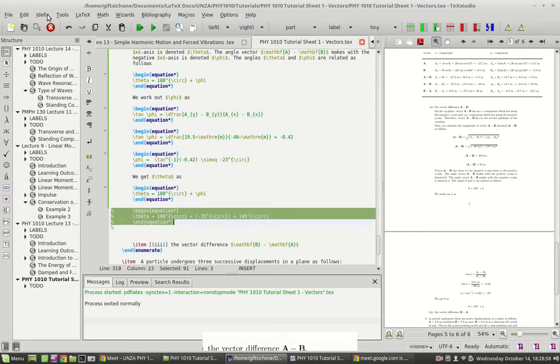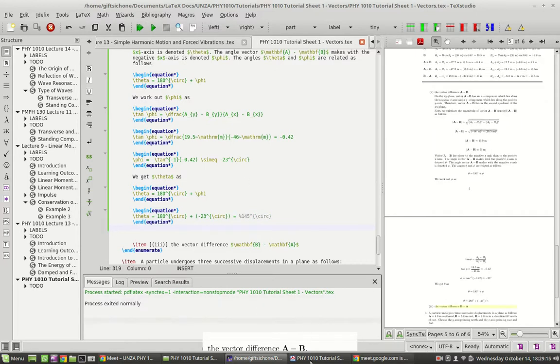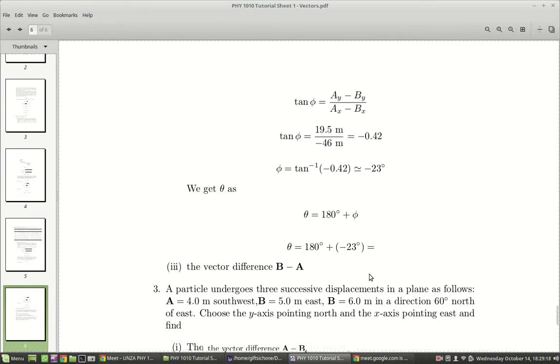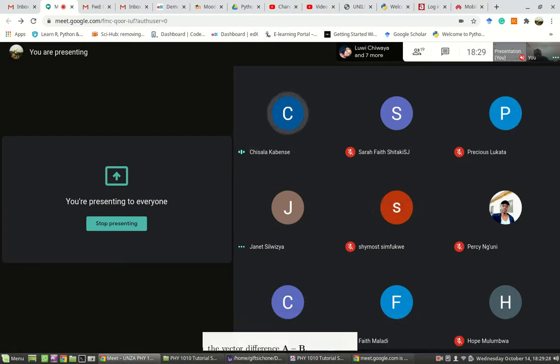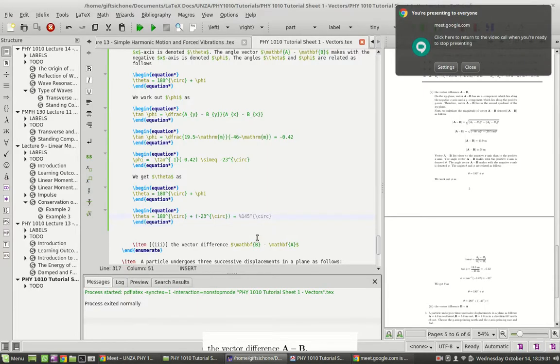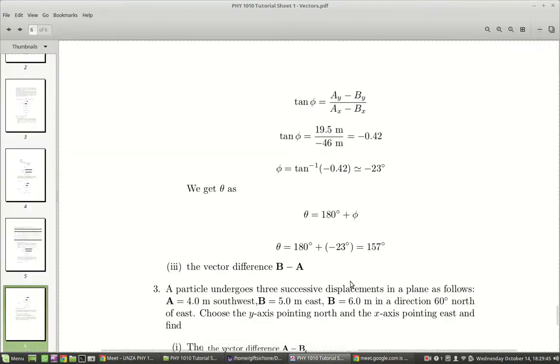So in that case, how much do we get? 180 plus negative 23 degrees. 157. Okay, so we get 157.